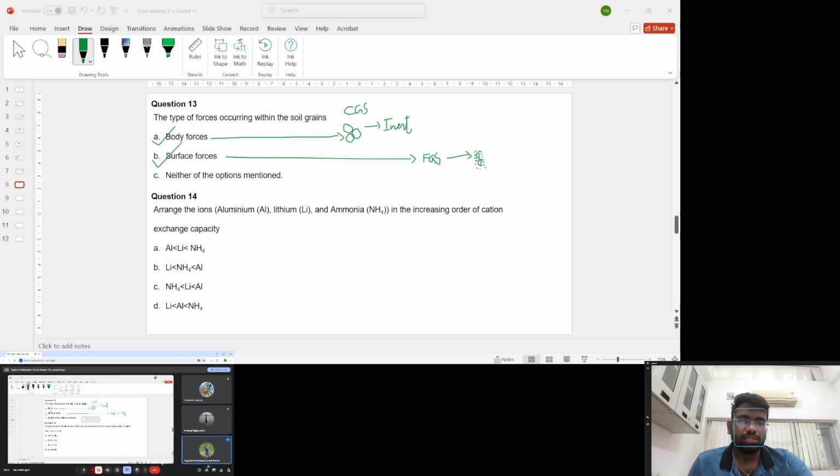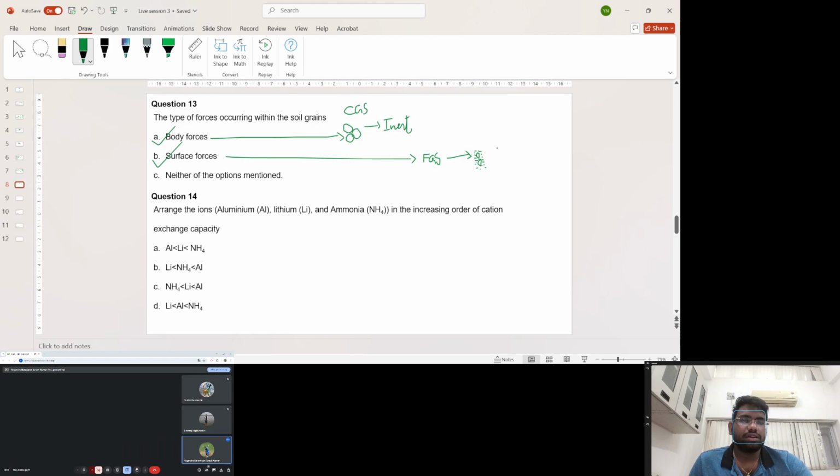So it is mostly electrostatic forces. Electrostatic forces and other electromagnetic forces are essentially surface forces. So if you consider fine grained soil, surface forces will be predominant, and if you take coarse grained soil, body forces will be predominant.